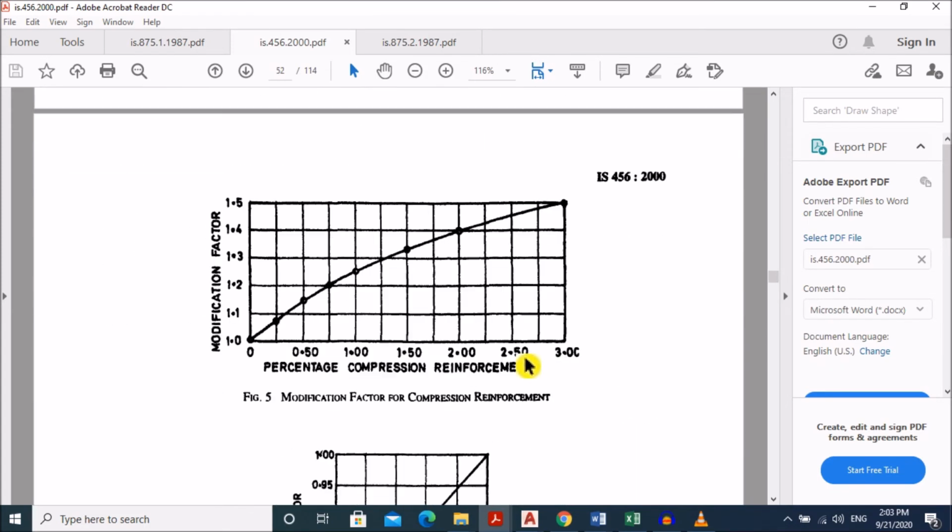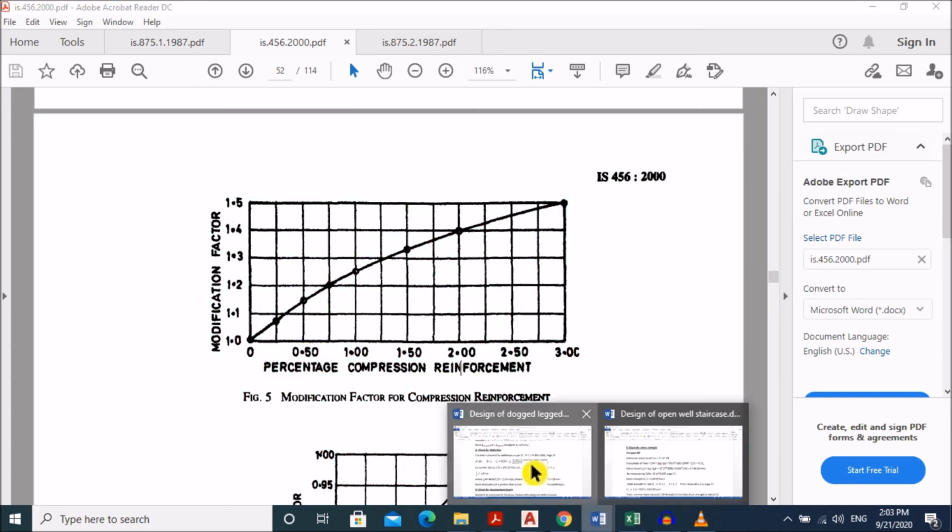As per figure 5, this is the modification factor for compression reinforcement. Since we have not provided any compression reinforcement, the percentage of compression reinforcement in this case would be 0. For 0 compression reinforcement, the modification factor would be 1. That's why we choose 1.